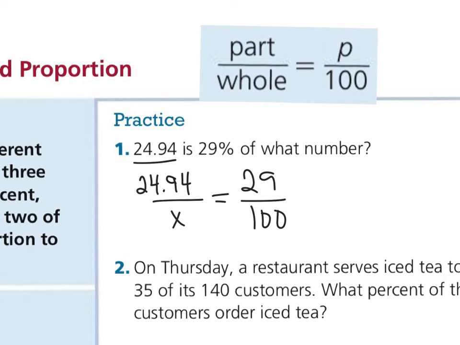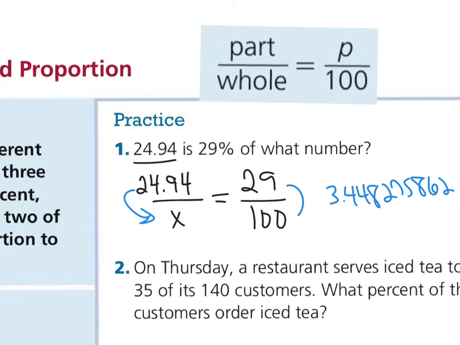We did also talk about writing percent equations. So if you'd rather write this as an equation, you're welcome to do that as well. We'll mention that in just a minute. So we can try and look for a pattern. A lot of times I'll try to do the bigger number divided by the smaller number. So for example, if you go this way, 100 divided by 29 is 3.448275862.